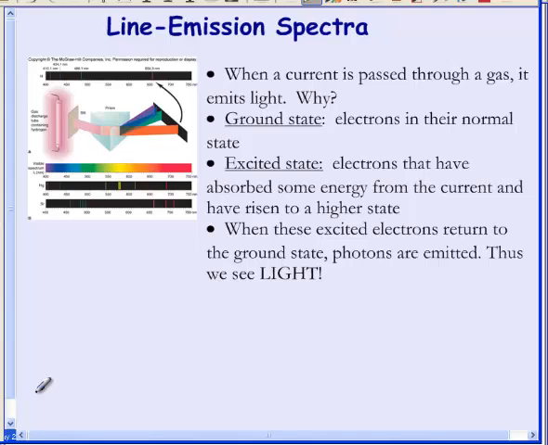But just like if you throw a baseball up into the air, it can't stay in that higher state for long. And so these electrons can't stay at that higher energy level either. And so they fall back down to the ground state. And when these electrons fall back down to the ground state, they emit energy in the form of light. And that's detected by the line emission spectra.